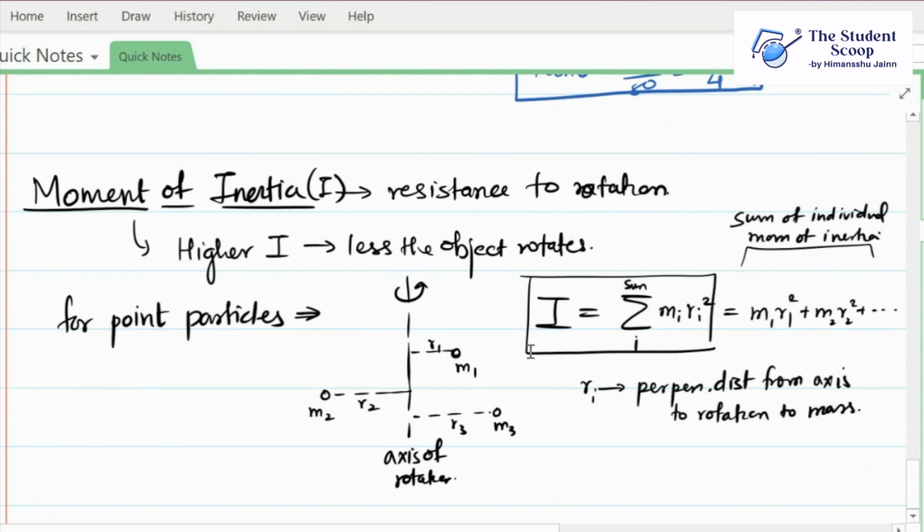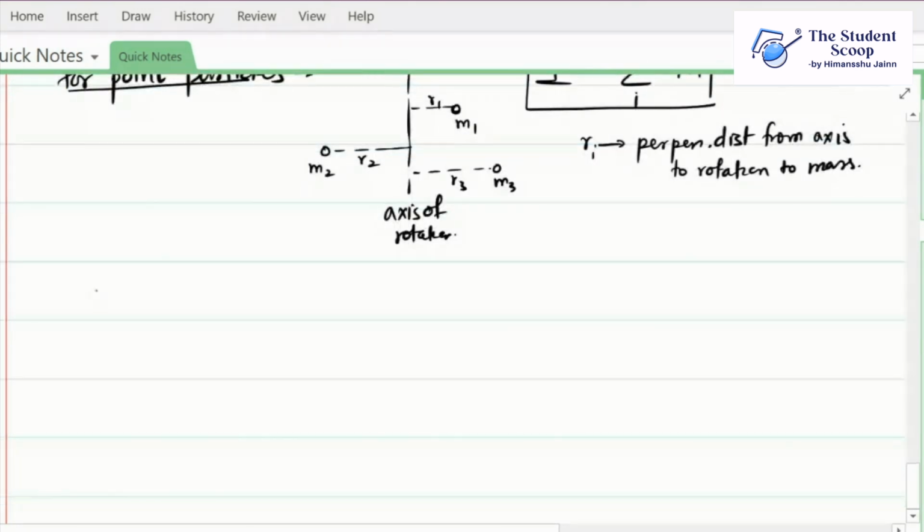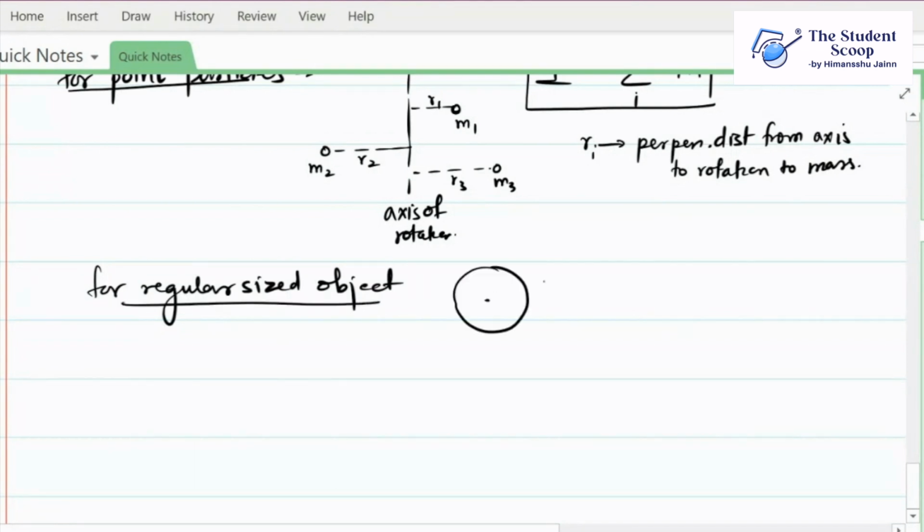Now this is for point particles. Now for regularly sized objects, the moment of inertia, for example, for a disk, is just half mr square, where r is the radius, like this. Okay, or for the cylinder it is mr square.